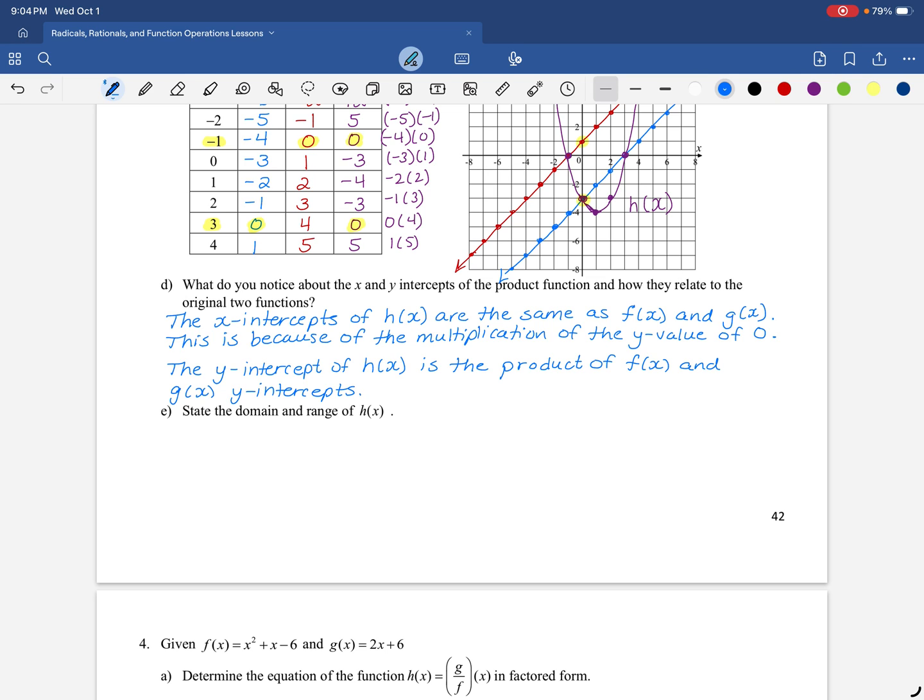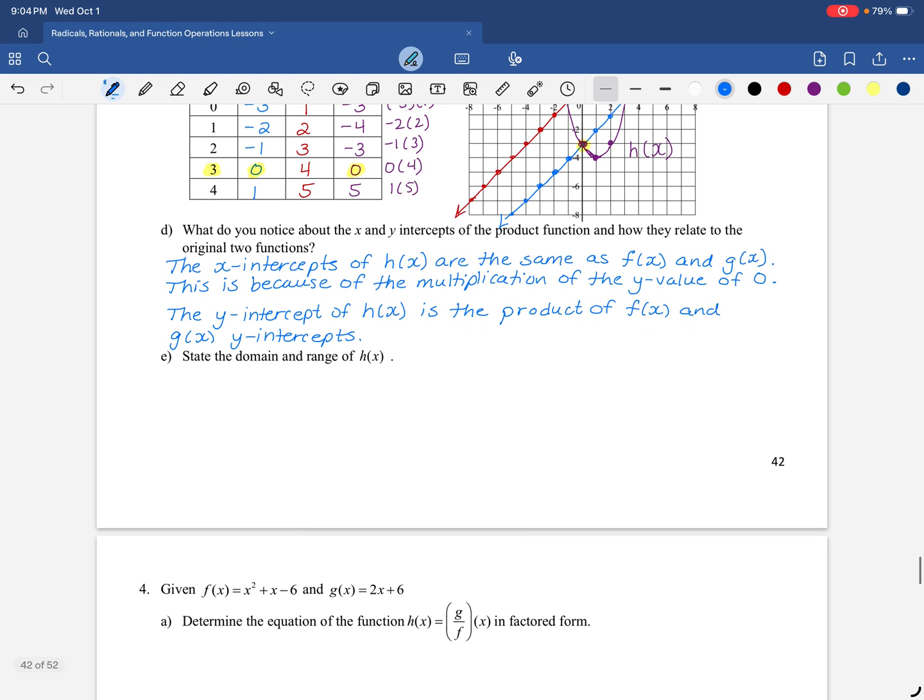Okay, so there was nothing really special there. It just so happened that it was a shared y-intercept because function g had that y-intercept of 1. Okay, and state the domain and range of function h.